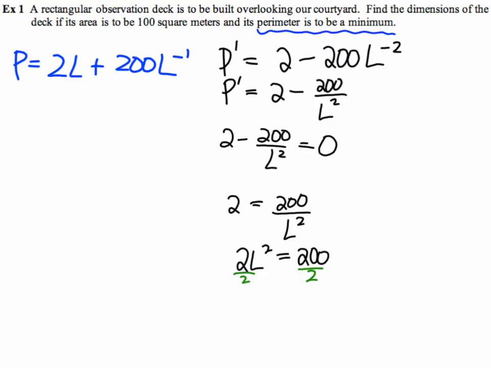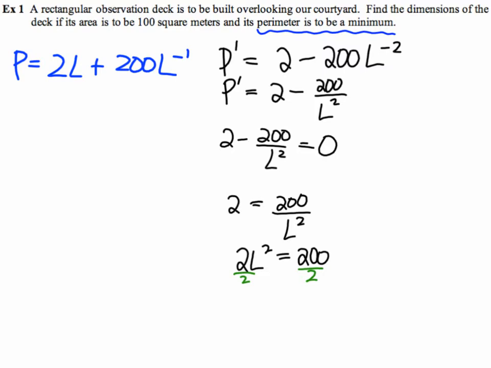And now I need to solve for L. So 200 divided by L squared. I place it on the right-hand side of the equal sign so it becomes positive. Cross multiply, so I have 2L squared equals 200. Divide by 2 to both sides. Take the square root of 100.